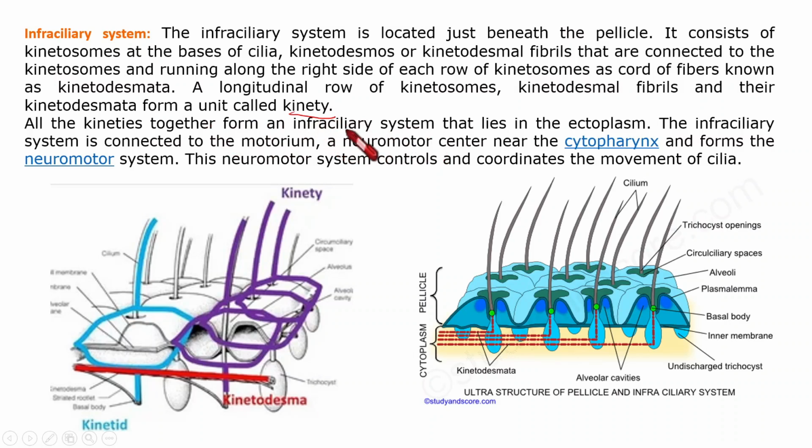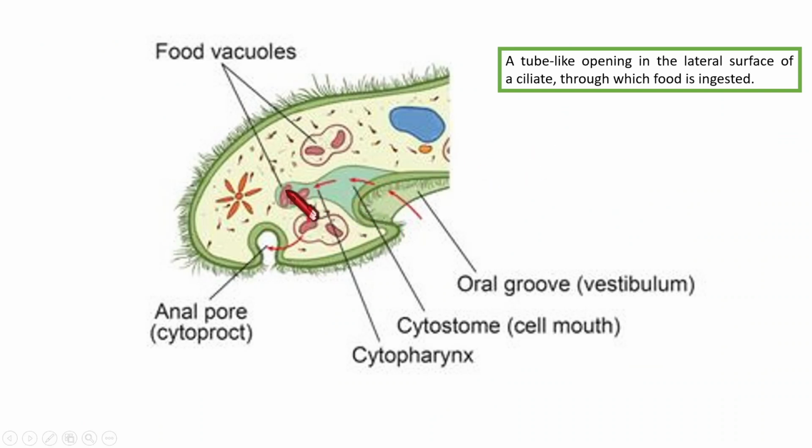And that infraciliary system is controlled, regulated, and connected to a motorium, a controlling center called the neuromotor center, which is located near the cytopharynx. The cytopharynx, what I am going to show you, is this invagination-like region. It is a tube-like opening present in protozoans on the lateral surface, through which the food is ingested.